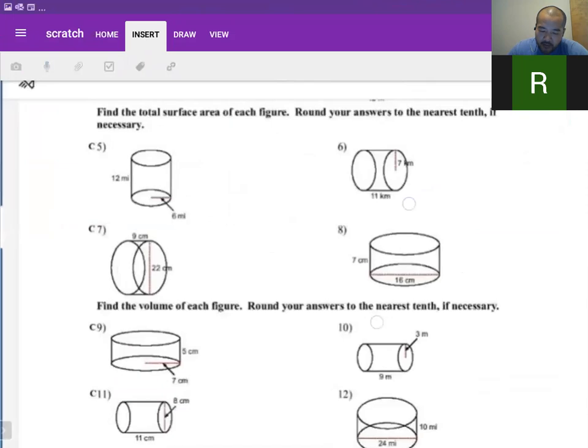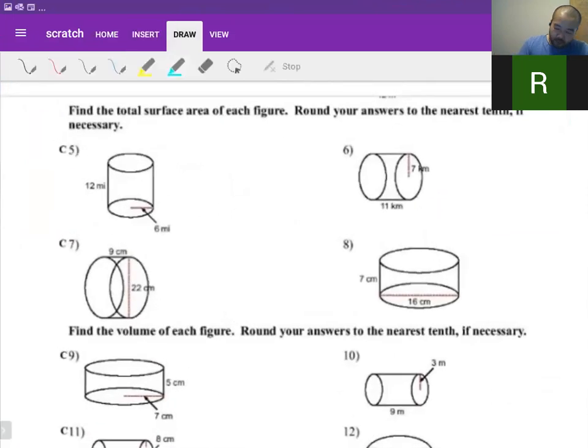So a good question that you asked. When you're doing the formulas, like whichever formula it is, so pi r squared. Area is pi r squared.